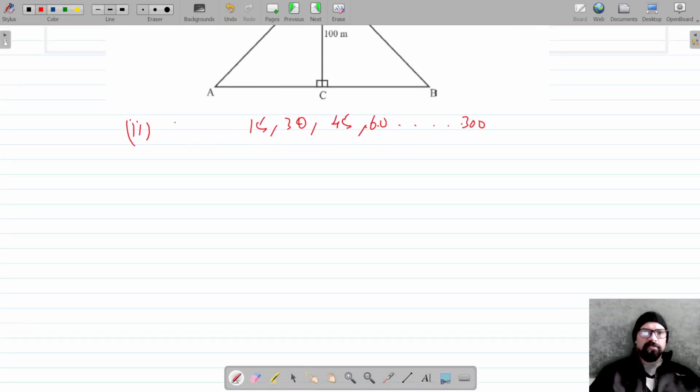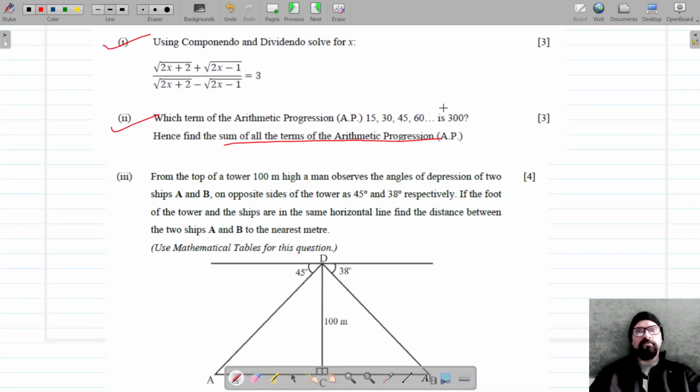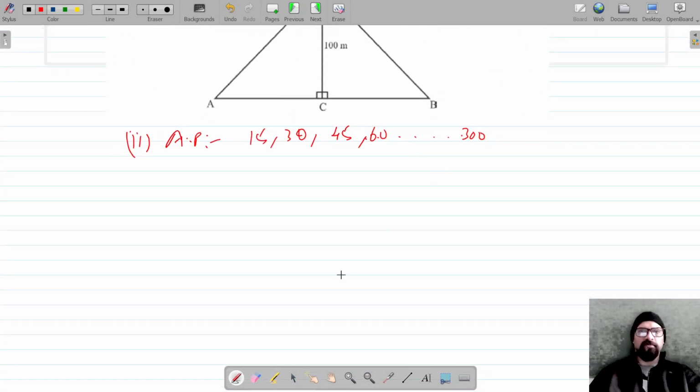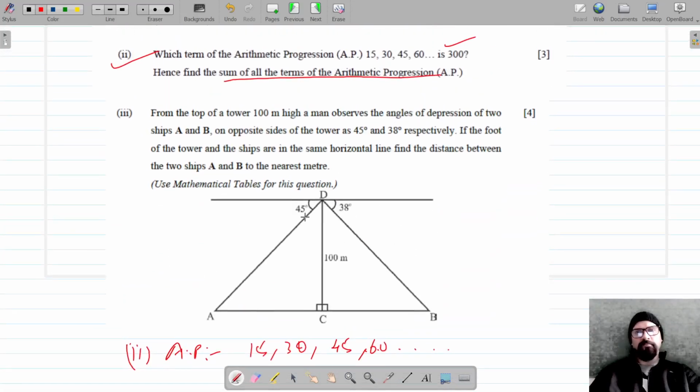And it's given that this is an AP. So first of all, we have to find which term of the AP is 300.